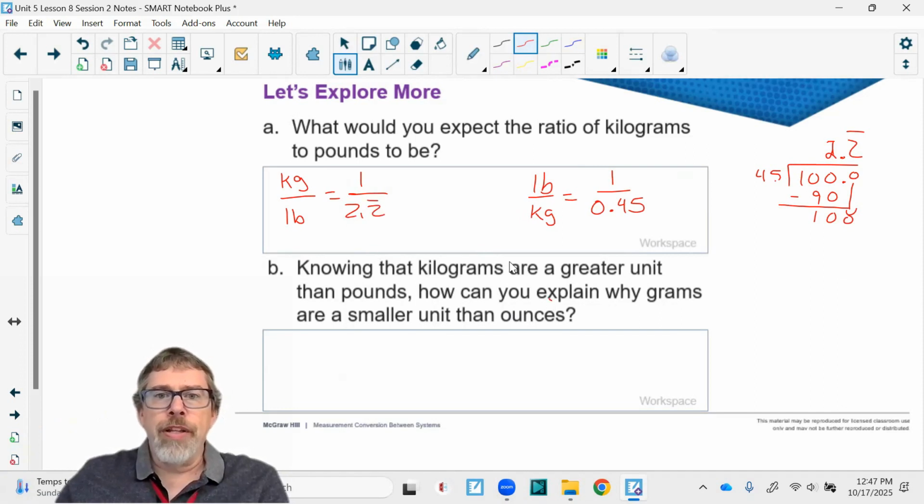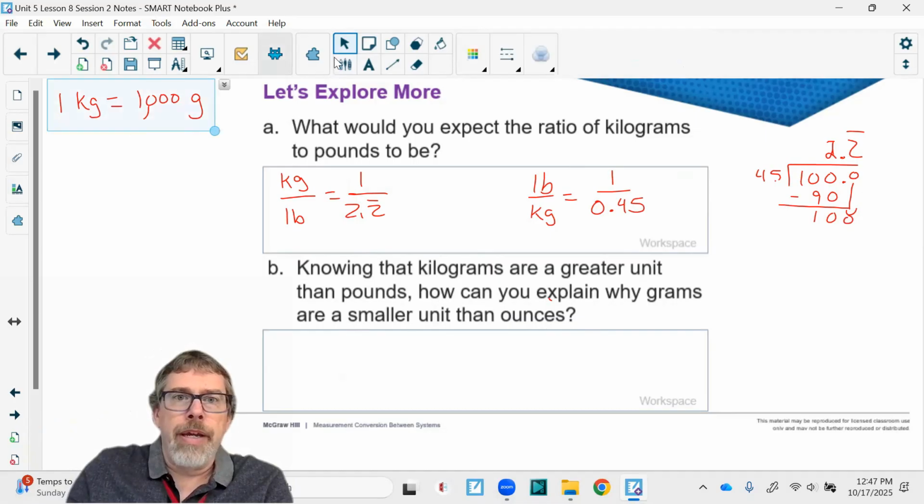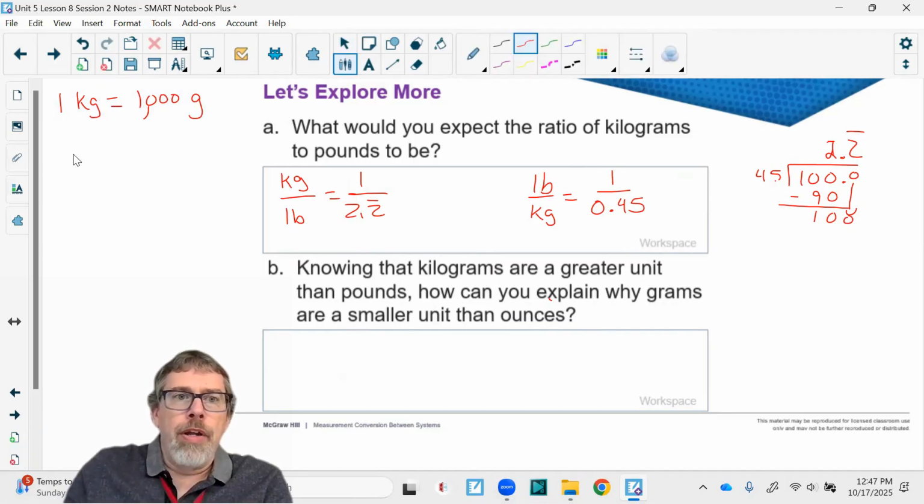Okay, knowing that kilograms are a greater unit than pounds, how can you explain why grams are a smaller unit than ounces? Well, kilogram means 1,000 grams. So 1 kilogram equals 1,000 grams. 1 pound is equal to 16 ounces.